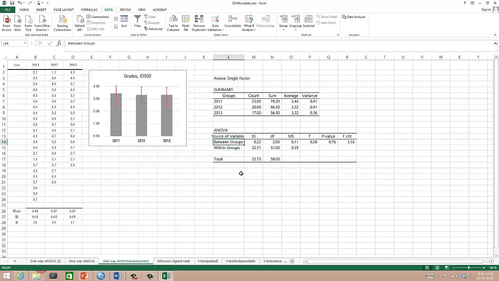Therefore, the between group variability is smaller than the within group variability, which means it's not big enough. Therefore, the mean difference of recent years is not statistically significant.